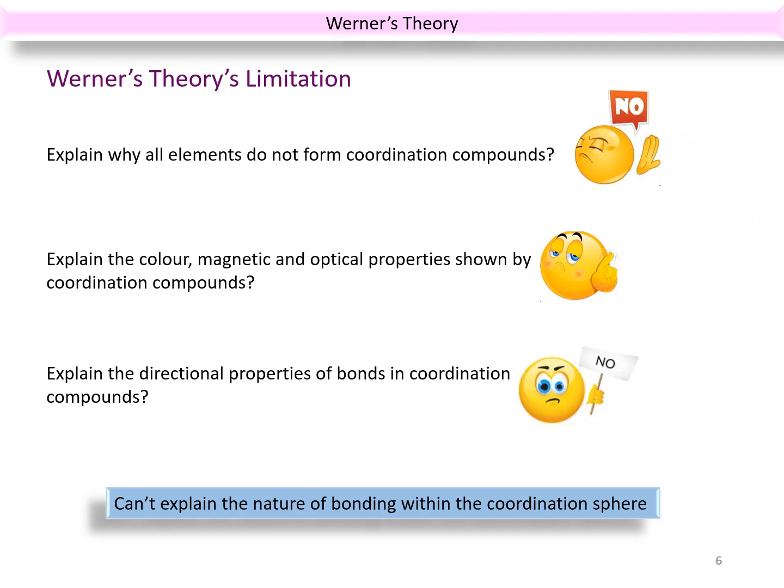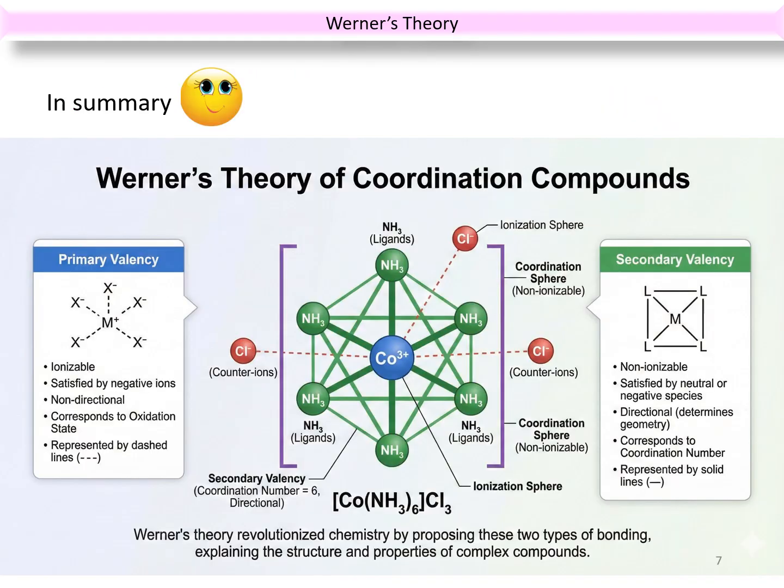It also doesn't explain the different colors produced, the magnetic properties, and the optical properties shown by these coordination compounds. Werner's theory also fails to explain the directional properties of bonds in coordination compounds. In general, it could not explain the nature of bonding within the coordination sphere.